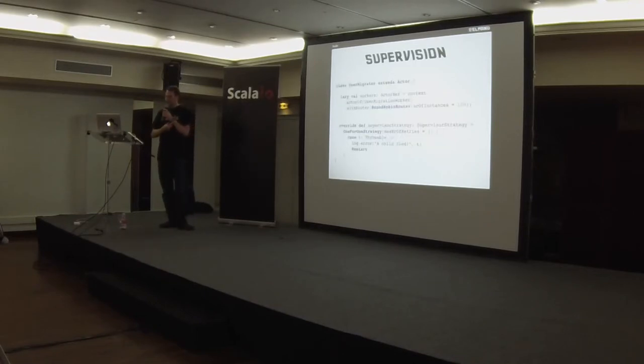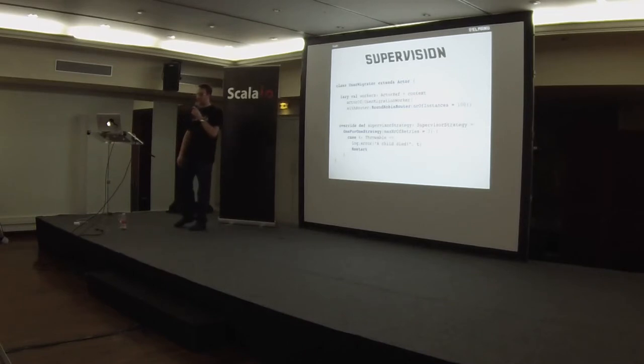You have another part of supervision, that's the supervisor strategy. If you have a child that is misbehaving or crashing, you have to decide how you're going to deal with it. So you may use, for example, here the one-for-one strategy, which means that for each actor that crashes, I'm going to do only something with that one. You also have the one-for-all strategy.